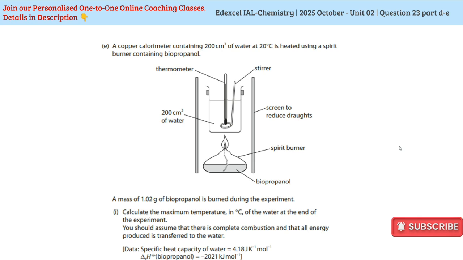You should assume that there is complete combustion and that all energy produced is transferred to water. Specific heat capacity is given, but most probably this could be a printing mistake in the paper. The specific heat capacity is given in units joules per Kelvin per mole. It should be corrected as joules per Kelvin per gram.